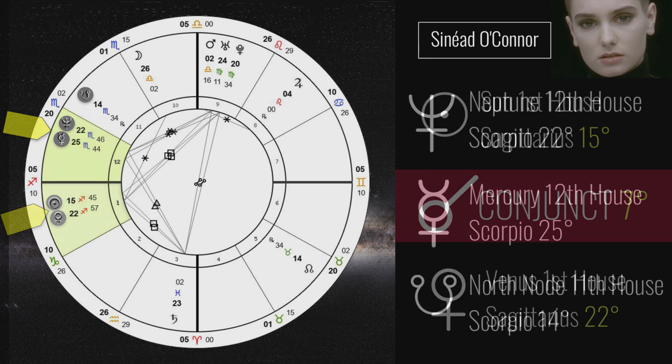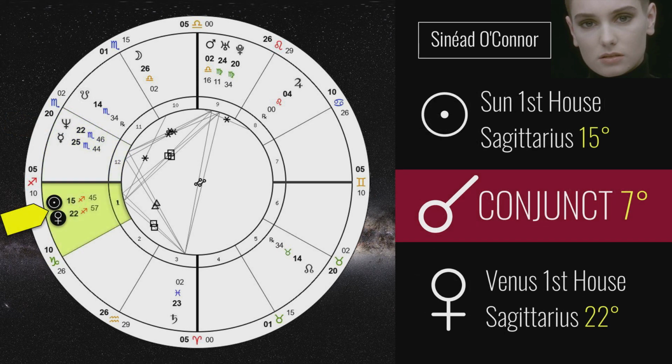So in this case, the energy of her sun would also carry the energy of Venus, and the energy of Venus would also carry the energy of her sun. To some extent, Venus is still what Venus is, and the sun is still what it is, but it's colored by the energy of that which it's conjunct to. So that is the most significant aspect, in my opinion. Everything comes from that. That's the place to start.